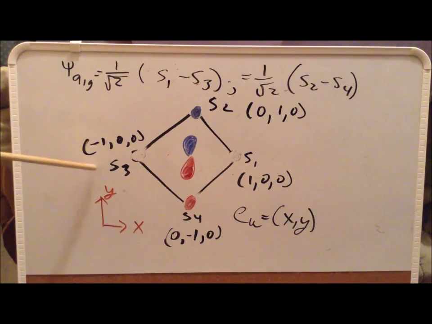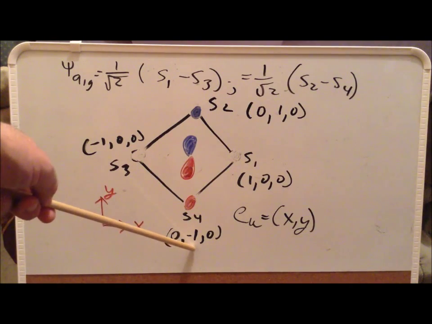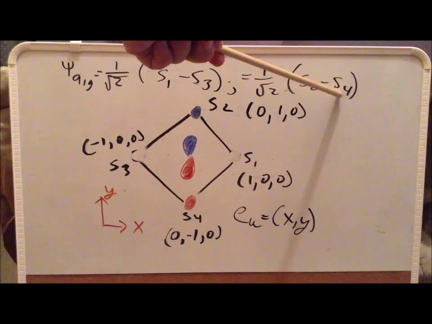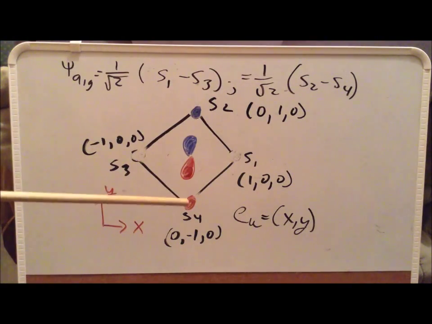For S3, the y coordinate is 0, so the y coefficient is 0. Last but not least, for S4, the y coordinate is a minus 1, so the y coefficient is a -1, and we get S2 minus S4 with a normalization constant of 1 over the square root of 2 in front.